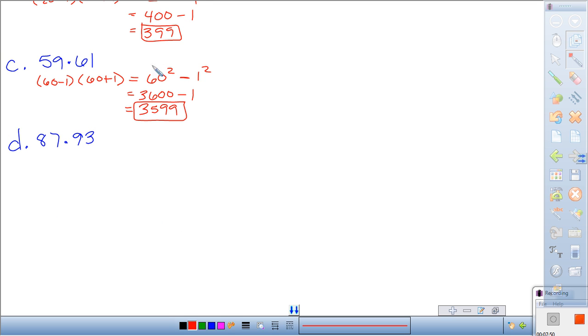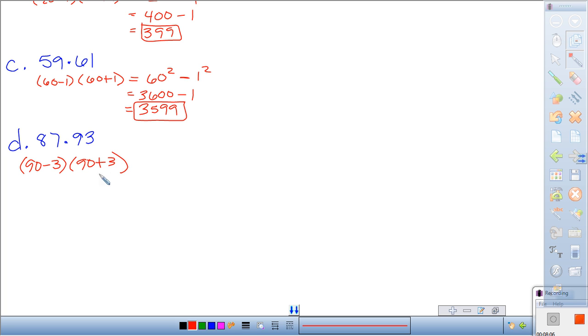So this one's a little more difficult than the ones we've been doing, since we're not just simply adding one or subtracting one. But I can tell that they're hovering around 90, so 87 would be 90 minus 3, and 93 would be 90 plus 3, which is great.